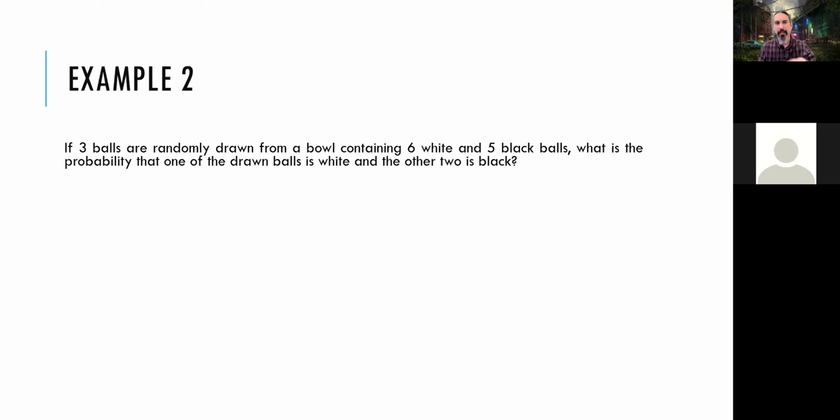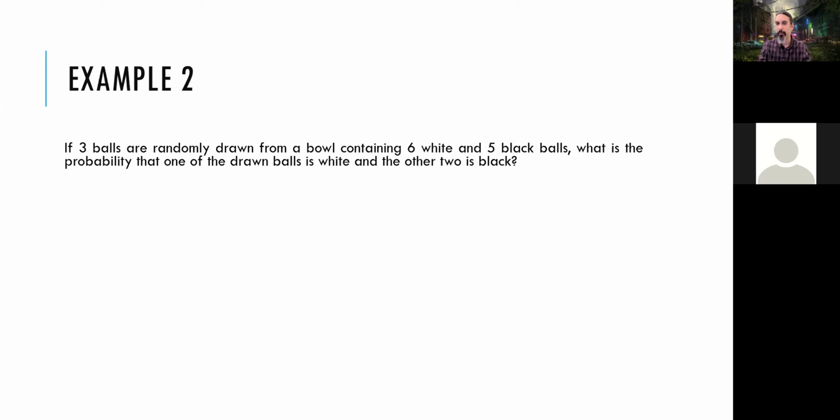When I'm picking the first ball, there are 11 balls in there, and my probability of getting a white ball is 6/11, because I have 6 white balls from a total of 11. Now, after I have put the white ball aside, I have 5 white and 5 black balls in there.